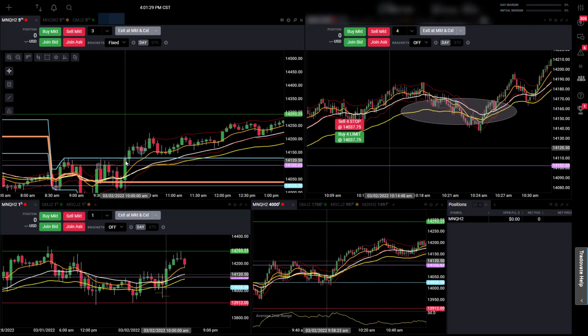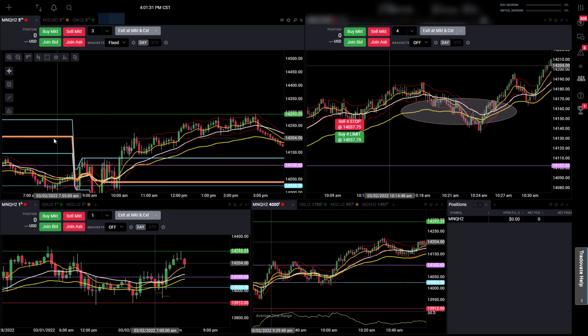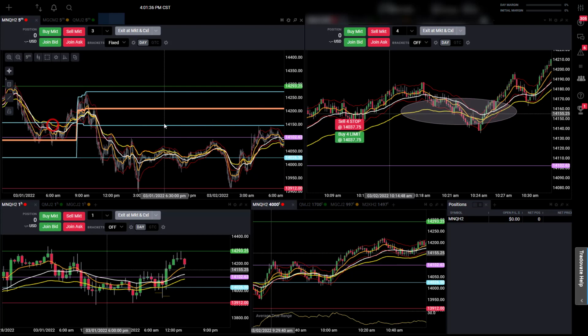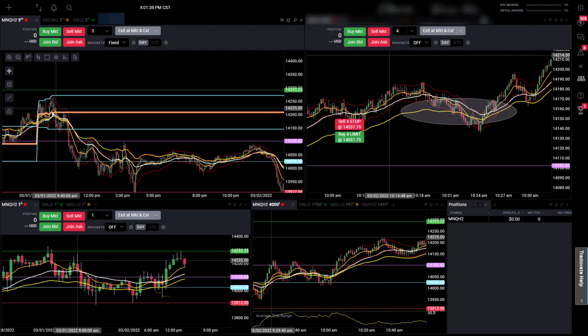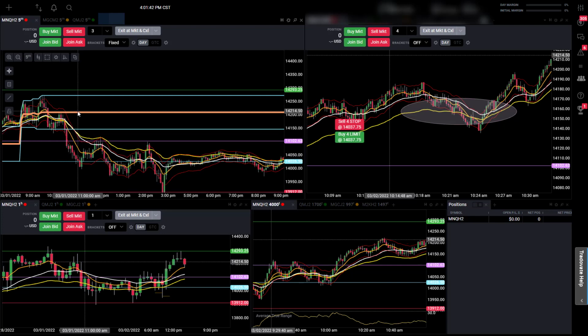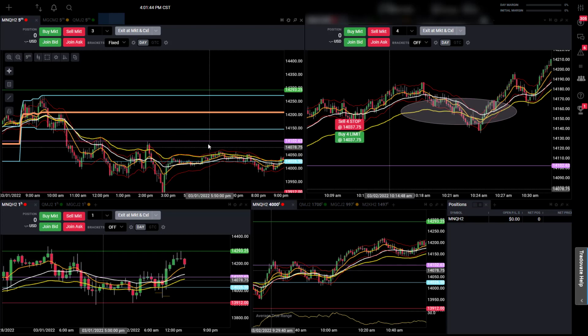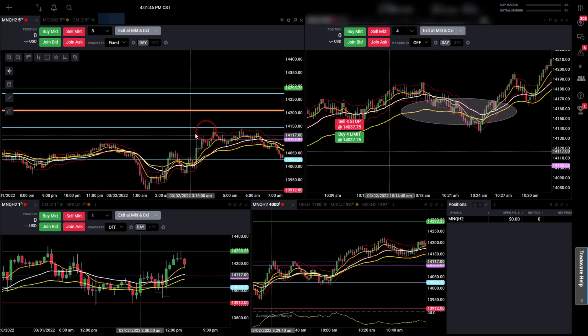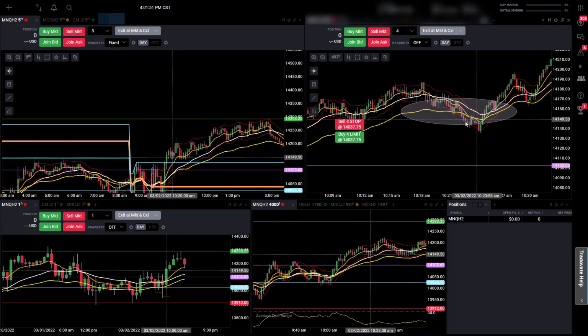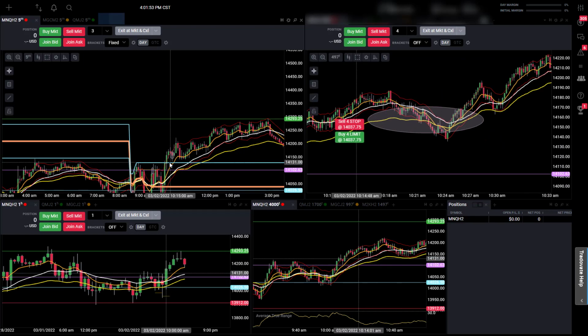So once it breached this, not only was I looking at opening ranges, I was looking at levels too. You can see that this level here aligns with a level here, the opening range 50% of the previous day, and obviously the high does here. So this is another high probability trade area.